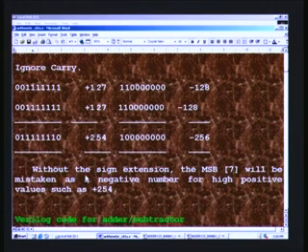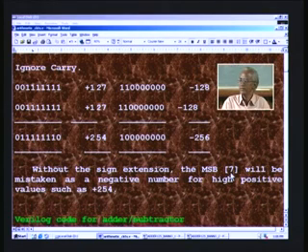So, what we say here is without the sign extension the MSB, that is the 7th bit, if you just take 8 bit numbers, this is the MSB, will be mistaken as a negative number for high positive values such as 254. Why we say this is, if it is 254 the number is here. So, if you see this is the 7th bit as we mentioned here, you see it as 1, it will be mistaken for a negative number, because that is what we started with.